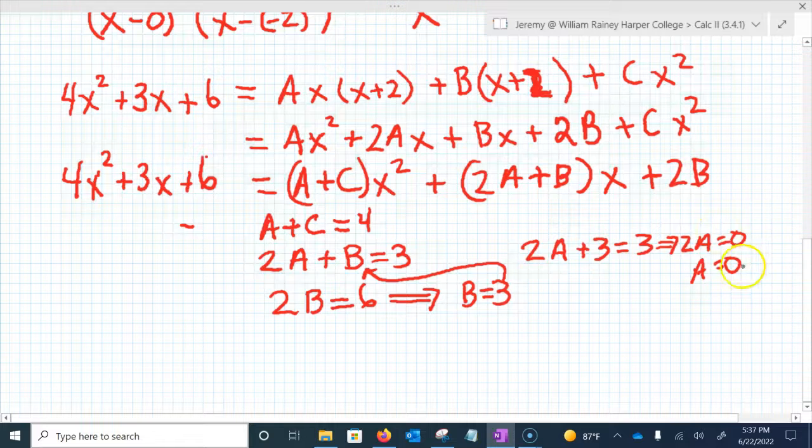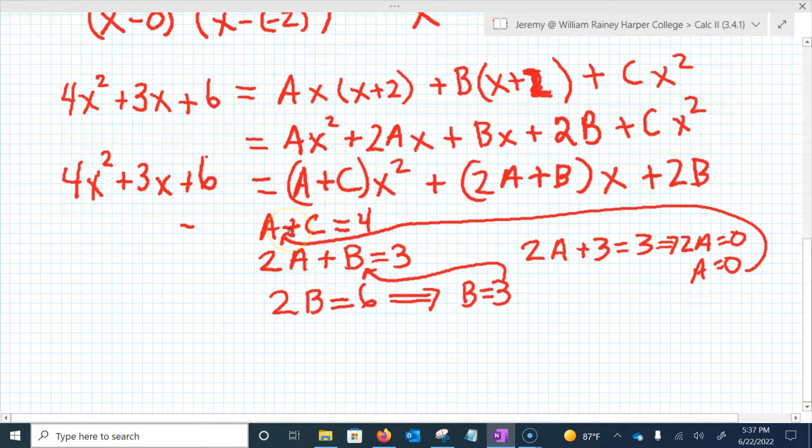Plugging a equals 0 here, that easily implies that c is 4. 0 plus c equaling 4 implies that c equals 4.